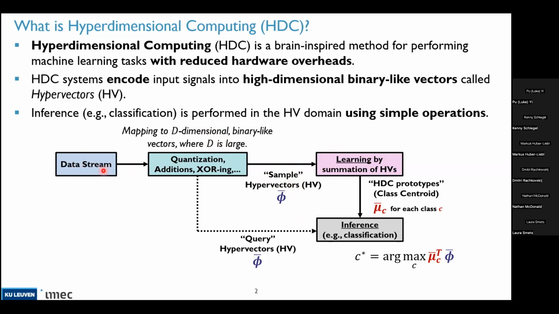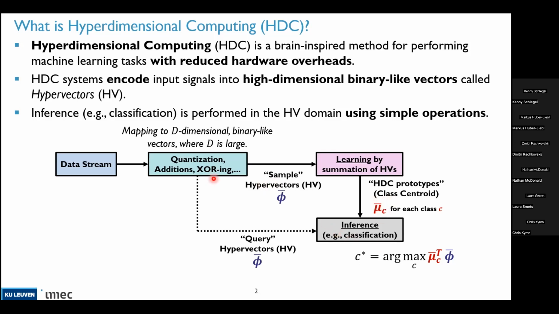I would take all the data from class 1, do the feature mapping, get their hypervectors, and then average them together to find the centroid representing that class in the feature space. We call these HDC prototypes or class centroids mu-C.